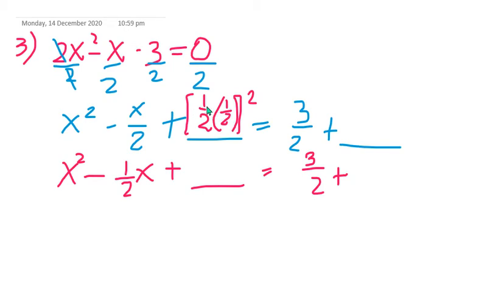Okay, so 1/2 times 1/2 is equal to 1/4. Then it is squared. So here we also add 1/4 squared.